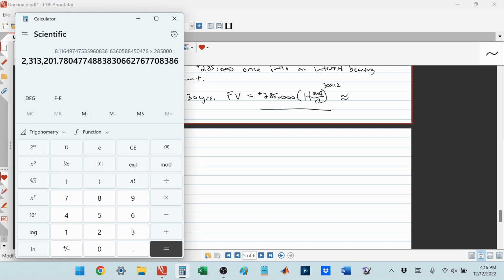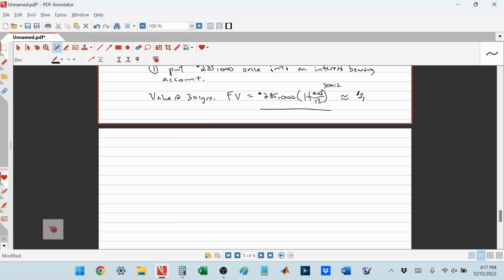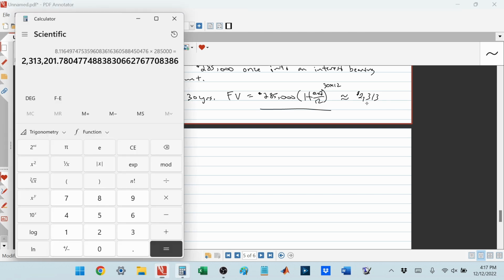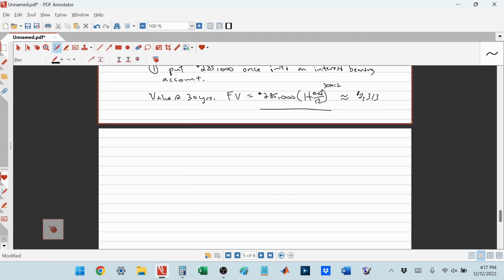Which I'm not sure if I did it correctly. 0.07 divided by 12 plus 1 raised to the power of 360 times 285,000, $2,313,201.